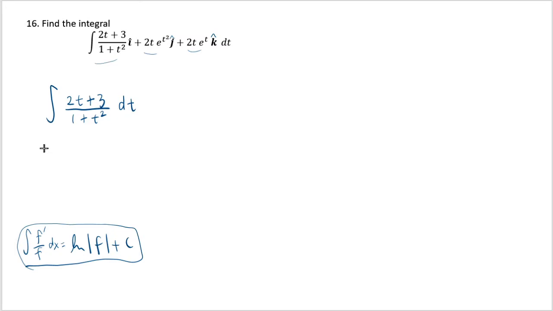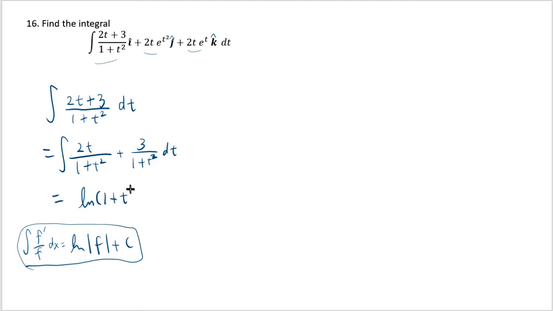So the way you tackle this is, first you split this into two integrals. And then realize that if you differentiate the bottom, it gives you the top, right? So that does give you ln of the absolute value of the bottom, but since 1 plus t squared is always positive, you don't need to put an absolute value.